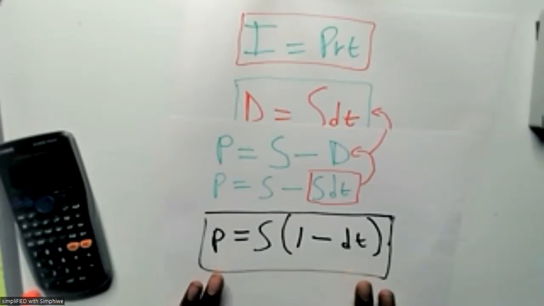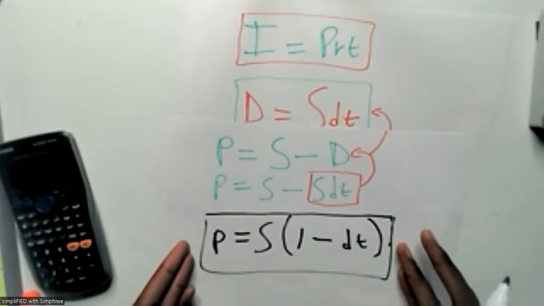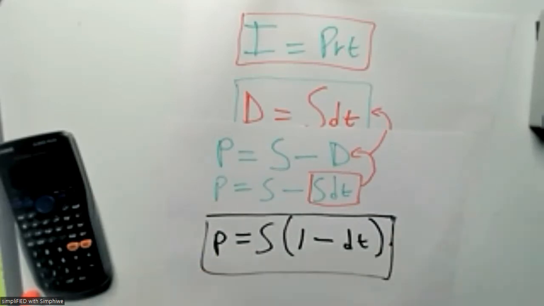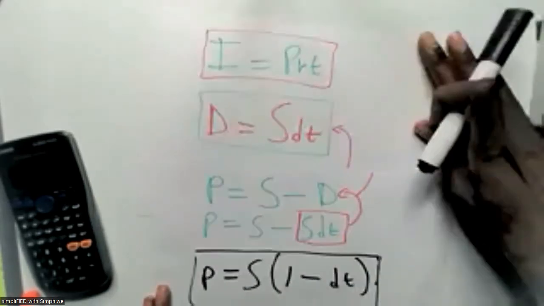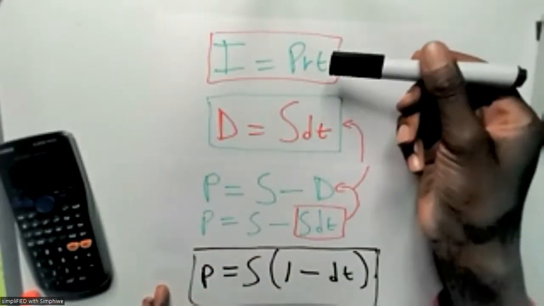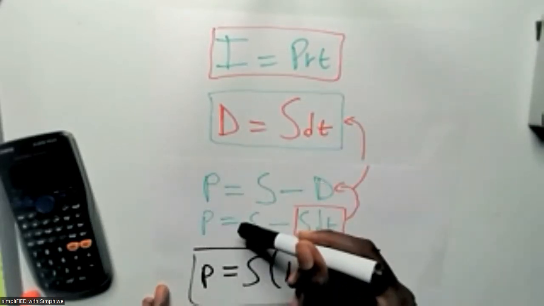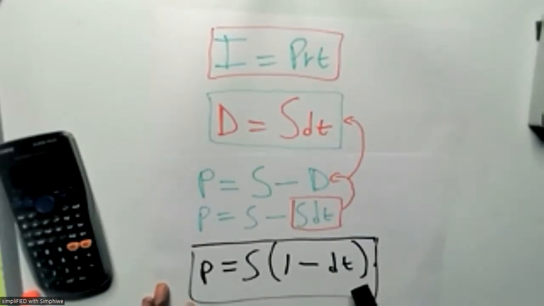Whenever you have to use this formula, the word discount or discount rate must be mentioned in that paragraph. I repeat again. Let me write this on a clear page again, because this is very important. So we know interest rate is like this, discount rate is like that. Now I just derived the formula for discount, which is this.